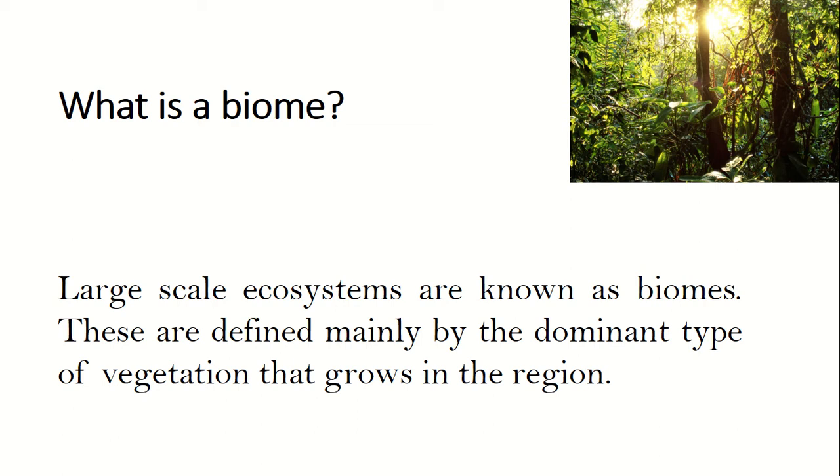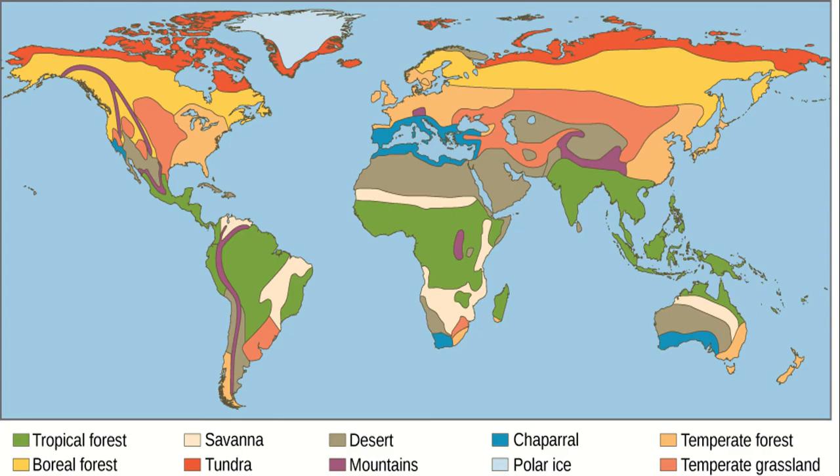Okay, so the large scale ecosystems, known as biomes, are mainly defined by the dominant type of vegetation that grows in the region. So this here is a little map of those world biomes. And at first glance, it looks very complicated. Notice we've got all the different colours on here. At the bottom on the key, we've also got what each of the biomes are called.